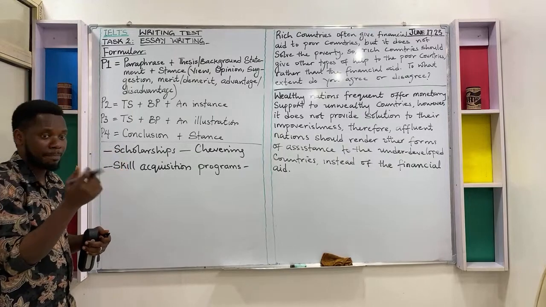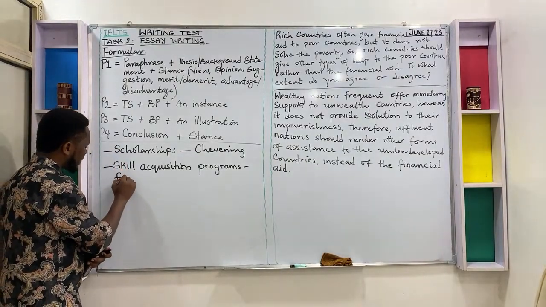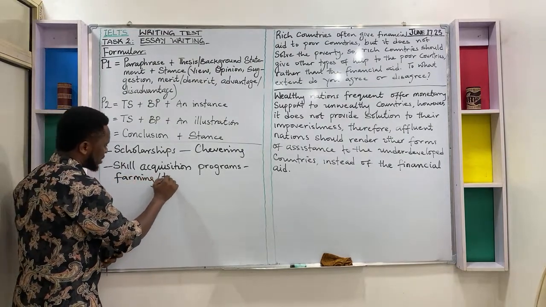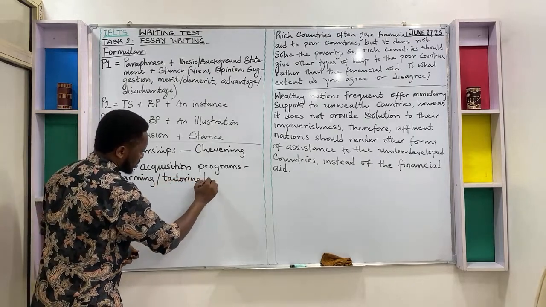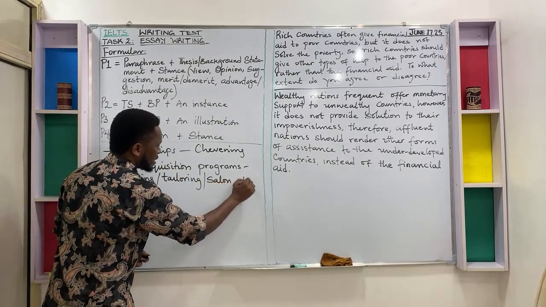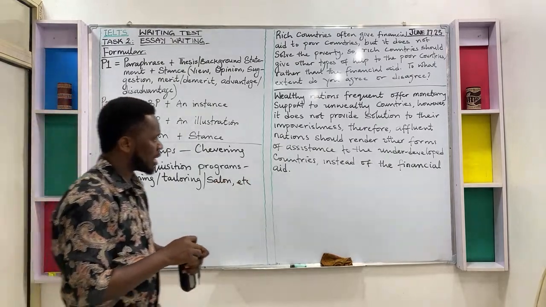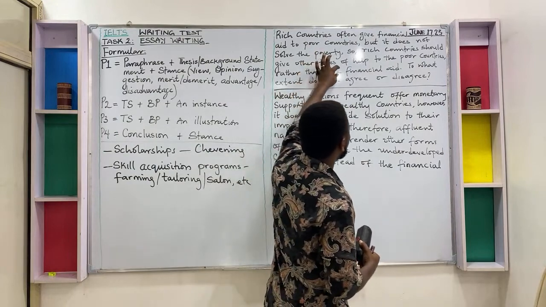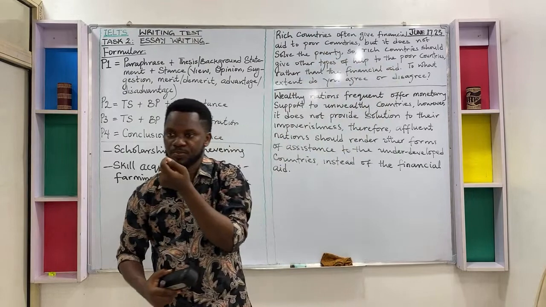Even farming, generally, right? So we should say farming or tailoring or salon business, etc. Now, these are very strong points you can actually bring in to support these guys that say they should provide other types of help.